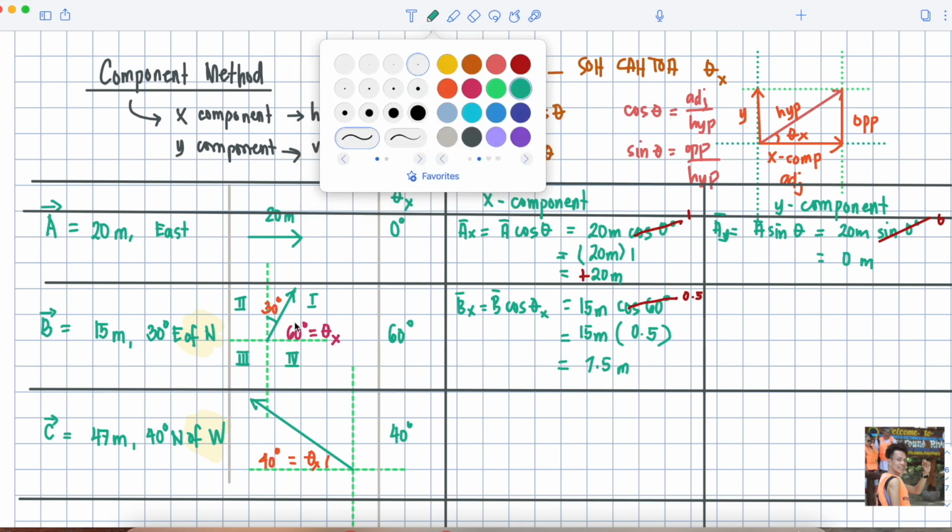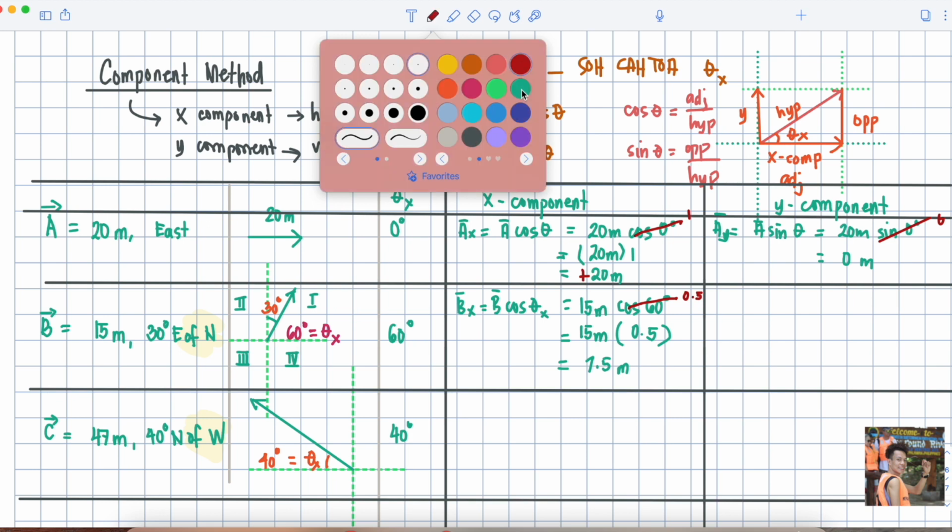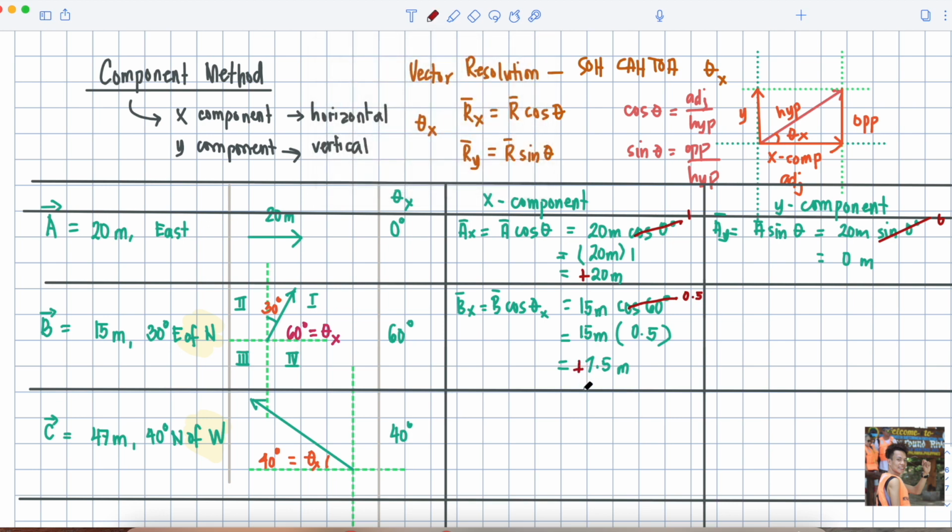Why? Because it lies along the positive x. So let's mark this one positive 7.5 meters.